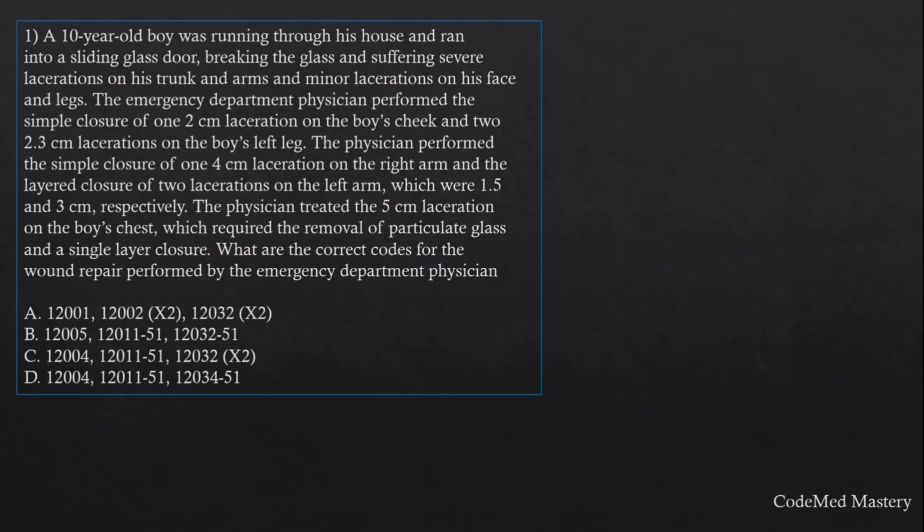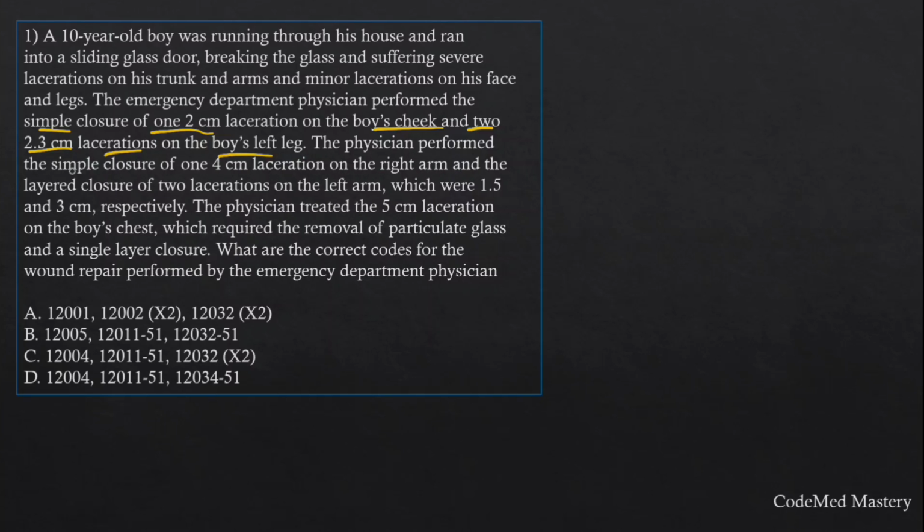A 10-year-old boy was running through his house and ran into a sliding glass door, breaking the glass and suffering severe lacerations on his trunk, arms, and minor laceration on his face and legs. The emergency department physician performed simple closure of 1 2 cm laceration on the boy's cheek and 2.3 cm lacerations on the boy's left leg.